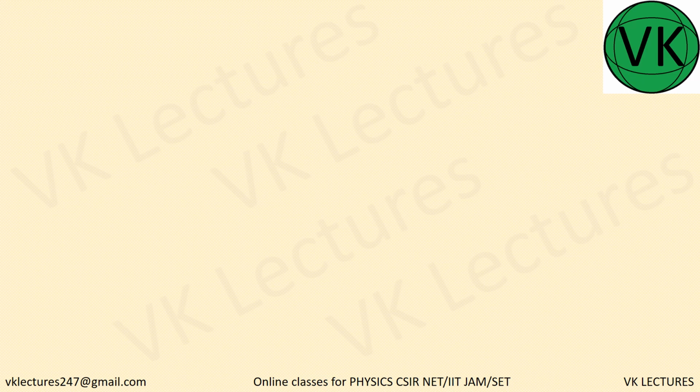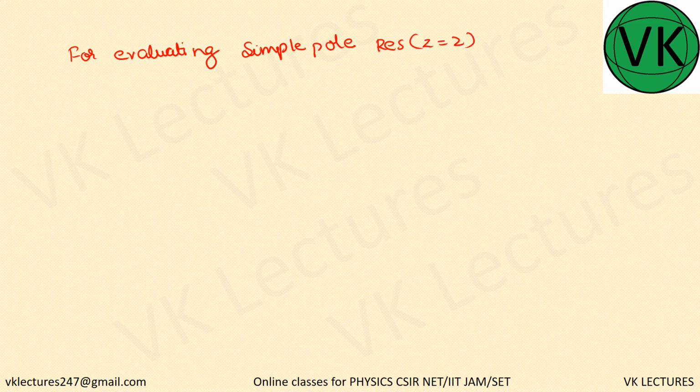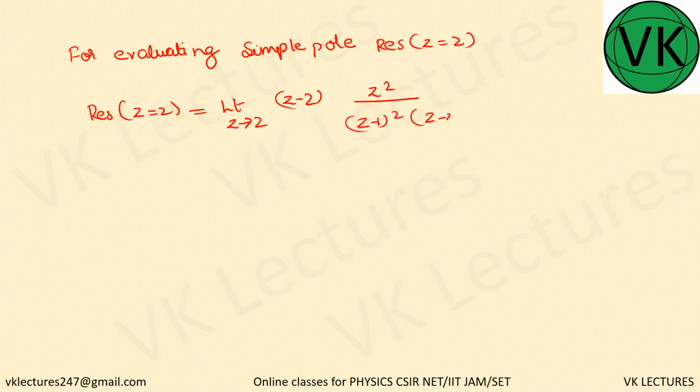So for evaluating the simple pole residue at z is equal to 2, we can evaluate it as: residue at z is equal to 2 is equal to limit z tends to 2, (z minus 2) into z square divided by (z minus 1) whole square into (z minus 2).